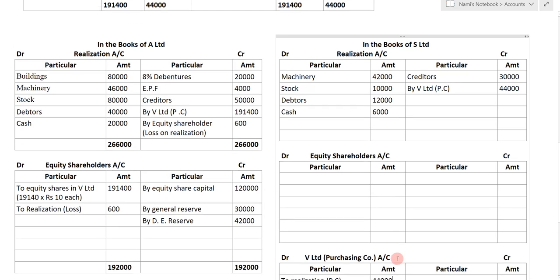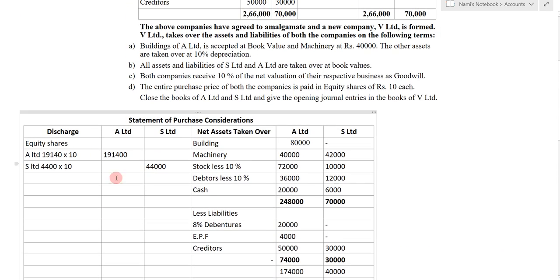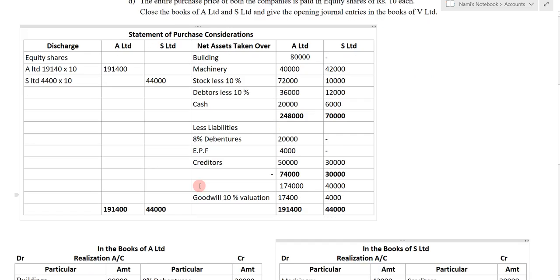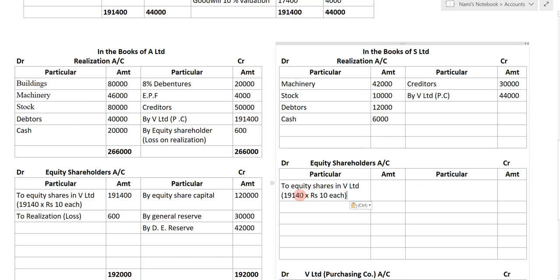Okay, now next, how much is the equity shareholders of V Limited in S Limited? 4,400. So in equity shares you will write 44,000 equity shares.